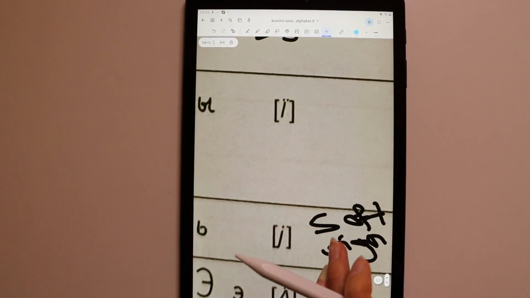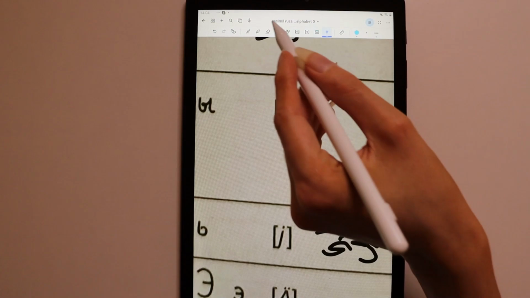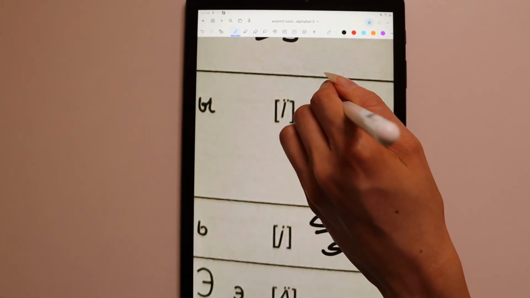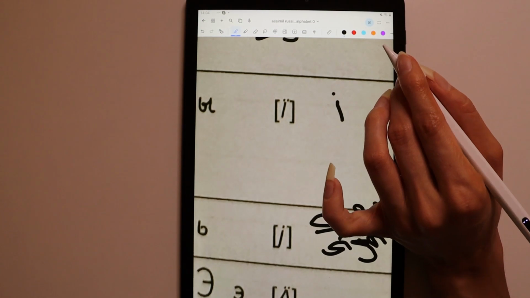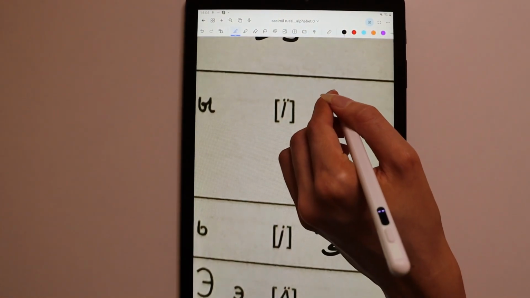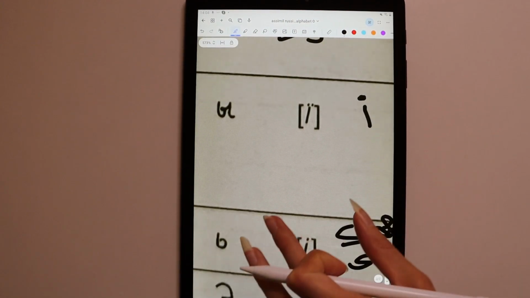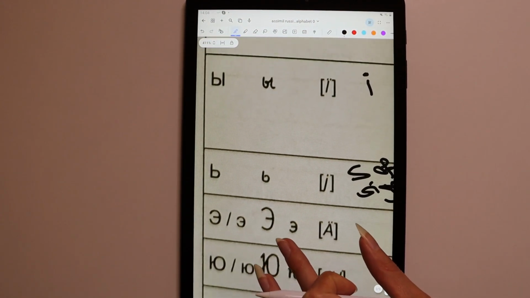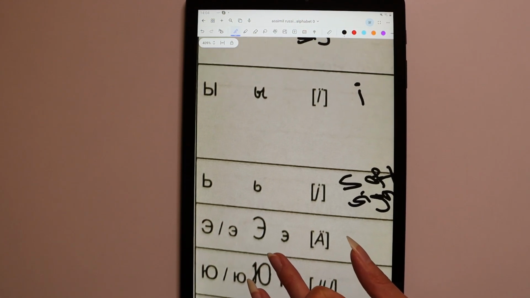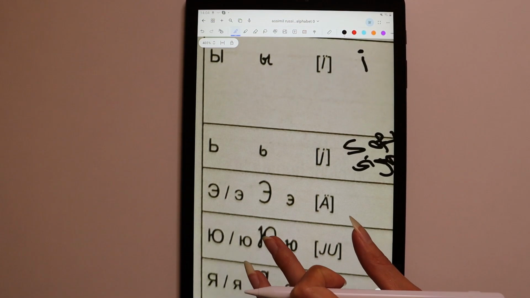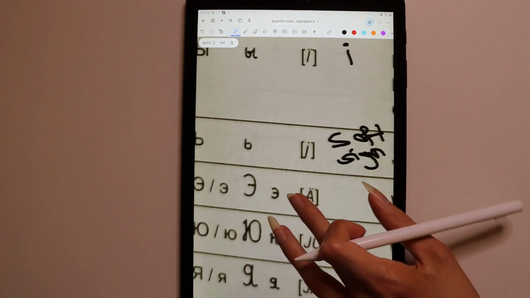And the U is like an I sound, a really high I sound, as in ill, as an example. Ill, like I, a really high I. Then we have the soft sign, as I already said.